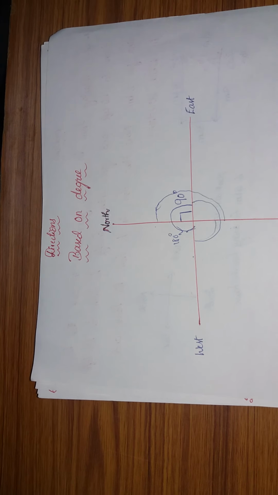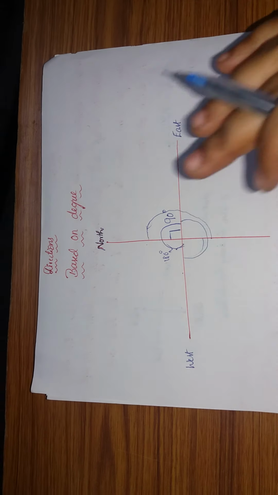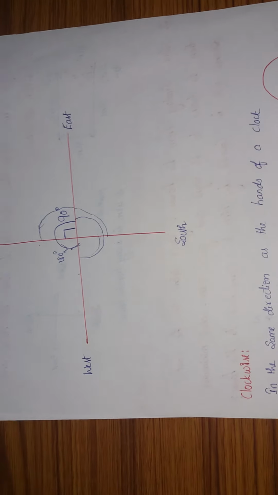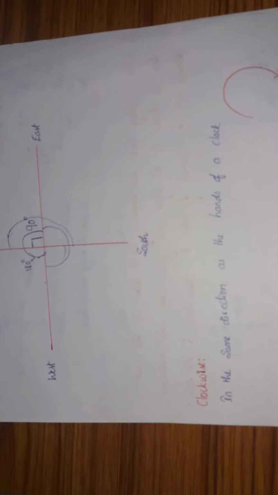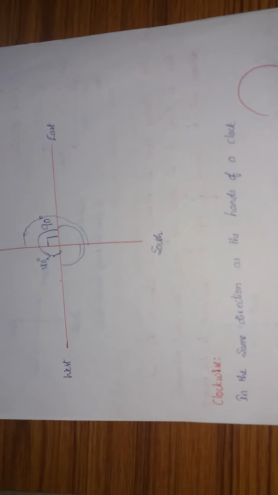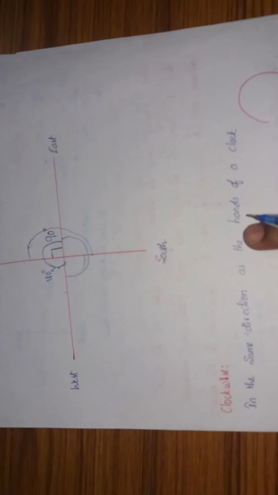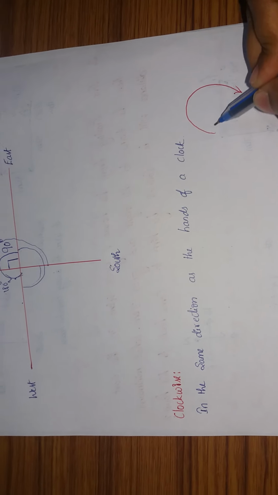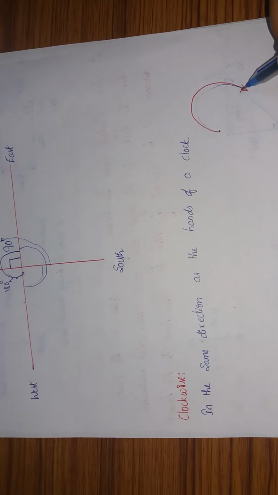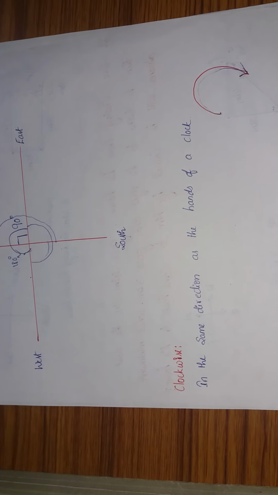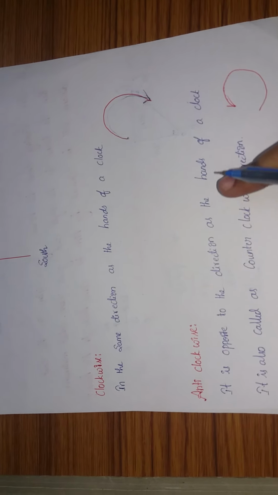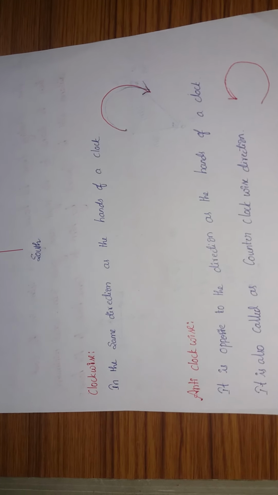And for solving these problems, we have to know what is clockwise direction and what is anti-clockwise direction. Clockwise is the same direction as the hands of a clock. The clockwise direction is in this way, and anti-clockwise is opposite to the direction of the hands of the clock.